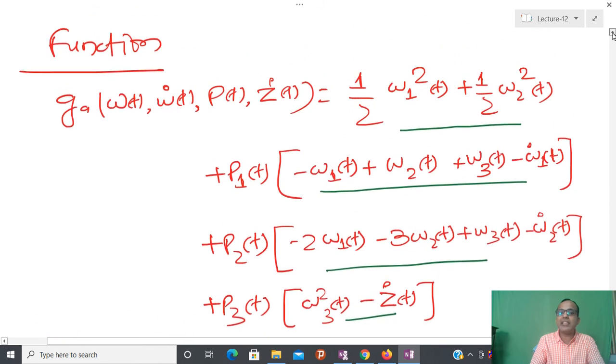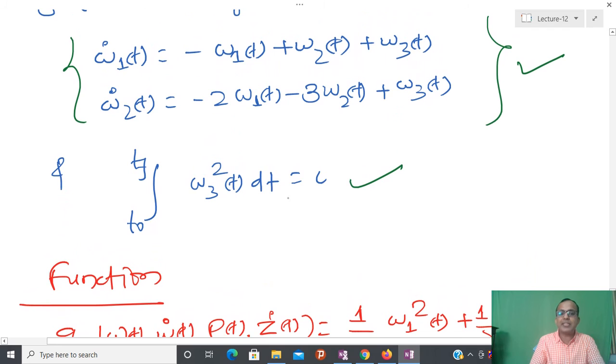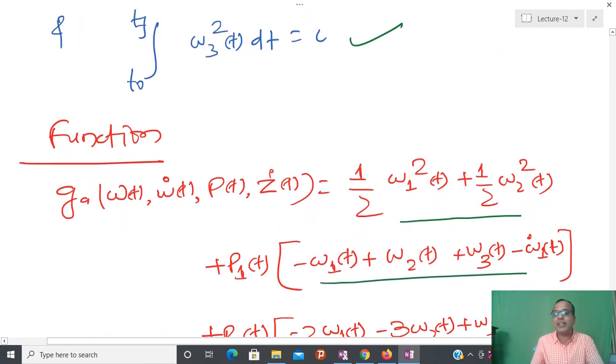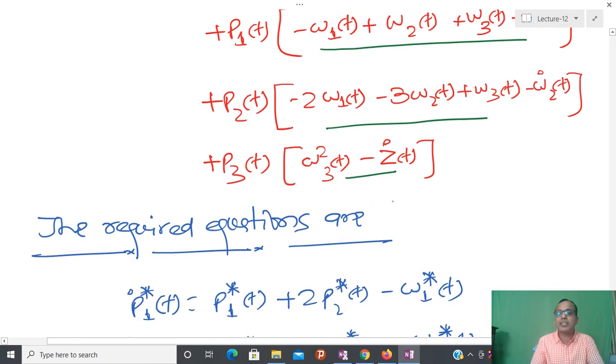And how to define the integral constraint? I define this as zi, and after that I take the derivative of this, and due to that this kind of term comes into the picture. So using Lagrange multipliers you can define the augmented function, and after that the task is pretty easy.